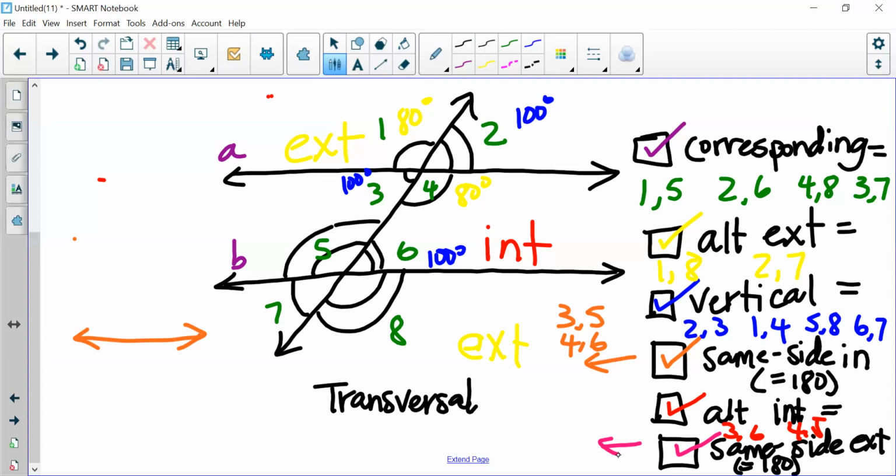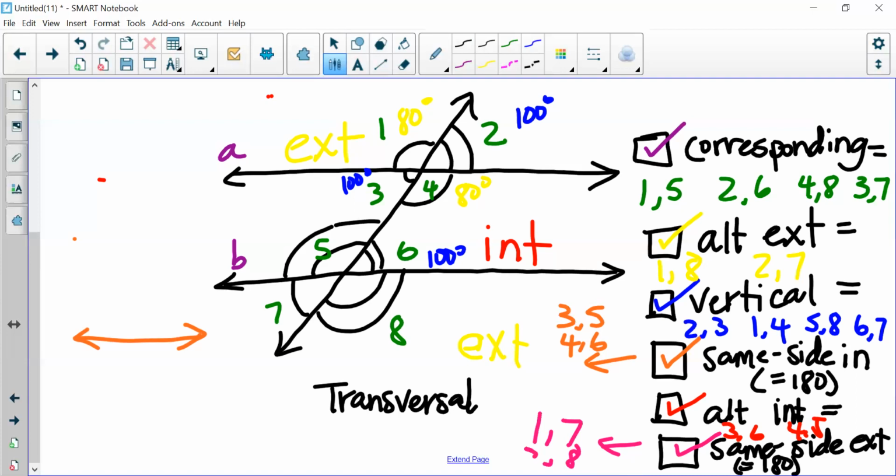Y'all, look, what angle is same side exterior to angle 1? Good, 1 and 7. See, look, angle 1 and angle 7, they're both on the exterior and they're on the same side of the transversal. Okay. Y'all, what angle is same side exterior to angle 8?